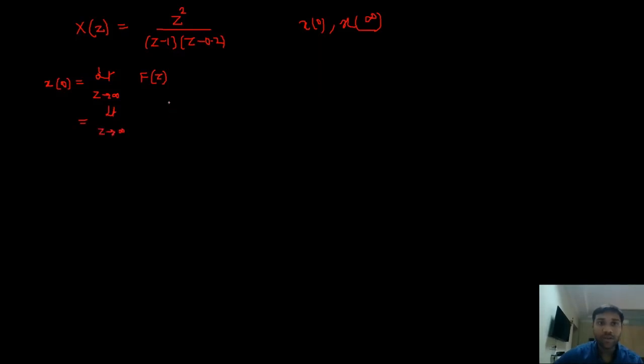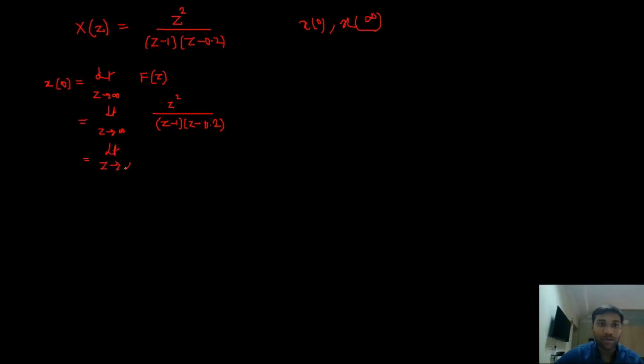What is f of z? f of z is z square divided by z minus 1 multiplied with z minus 0.2. Now if I substitute z equals infinity, I'll get an undefined form, infinite by infinite. So what I'm going to do is take z square common in the denominator, right?